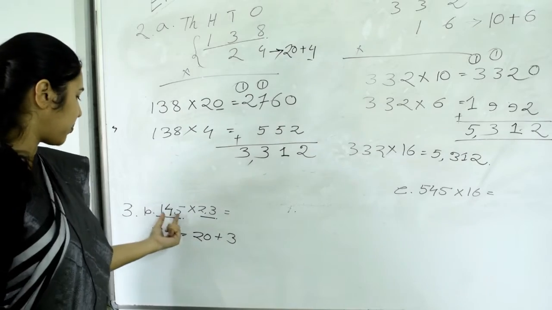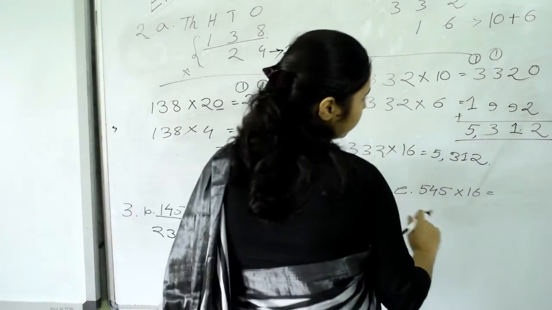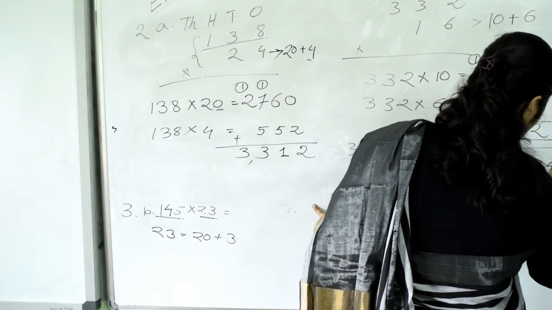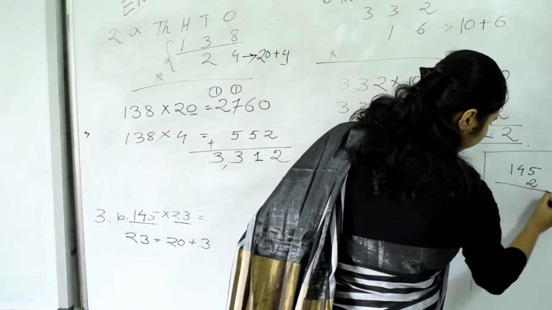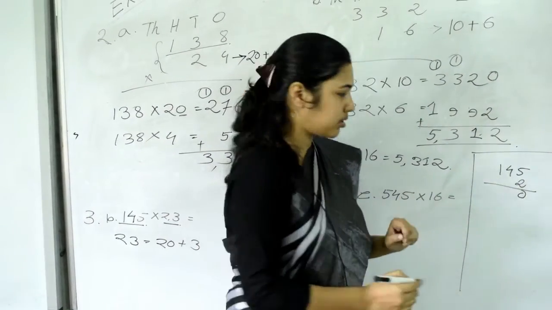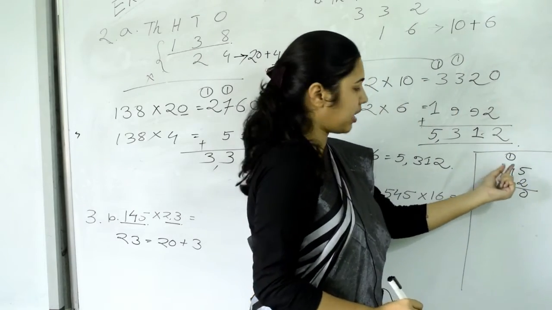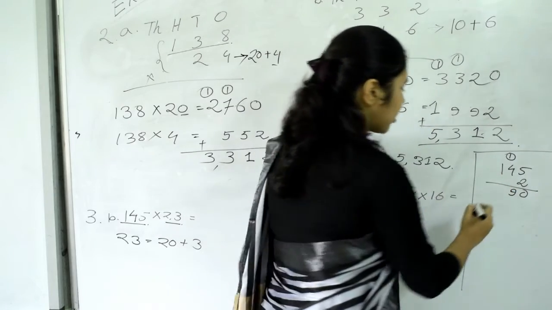Now first multiply 145 with 2. 5 2s are 10. Carry 1. 4 2s are 8. 8 plus 1, 9. And then 2 1s are 2.